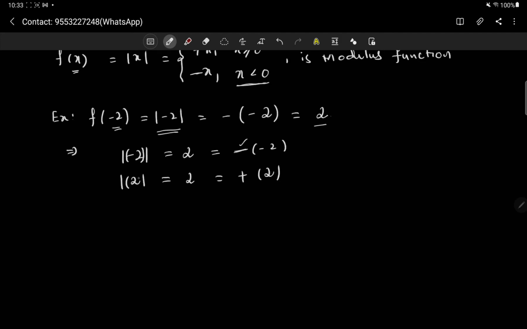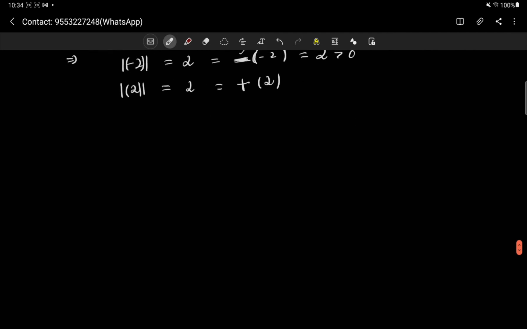Okay, when inside modulus you are having a positive number, then you give a positive sign only before it, then the result will be positive. Okay, when inside modulus you are having a negative number, you have to give a negative sign before it to make the result positive. Anyway, modulus should give a positive result, so that's why we need to give one more negative sign before a negative quantity. Okay, so this is about a modulus function.